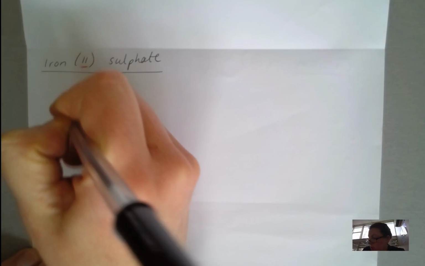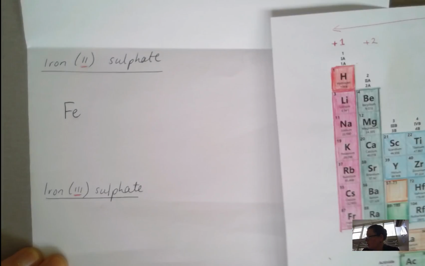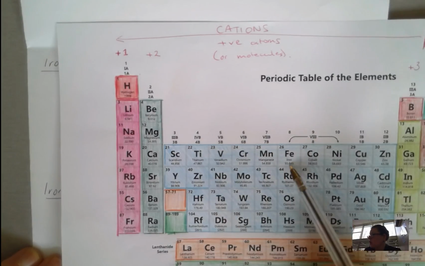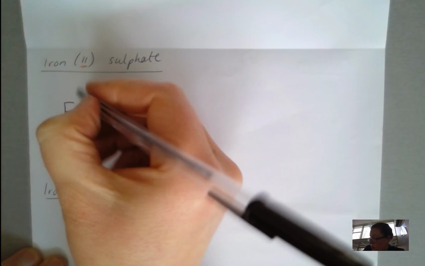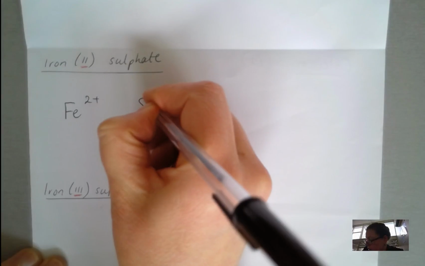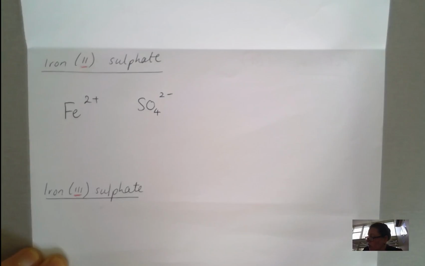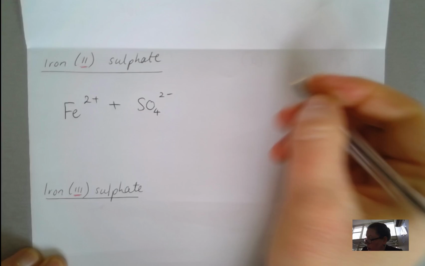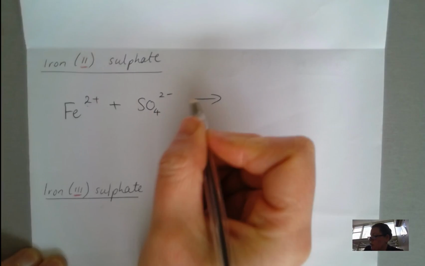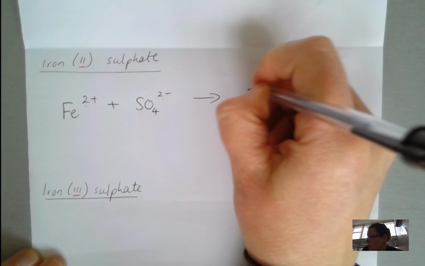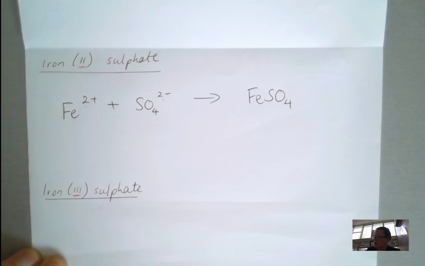So iron, we write it as Fe, and we can find it on our periodic table. Fe 2 positive. Sulfate is 2 negative, which we can find in our polyatomic ions, which means these charges balance. 2 positive, 2 negative makes it an overall neutral charge.